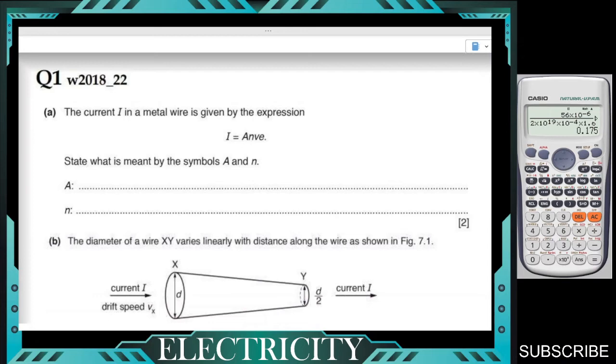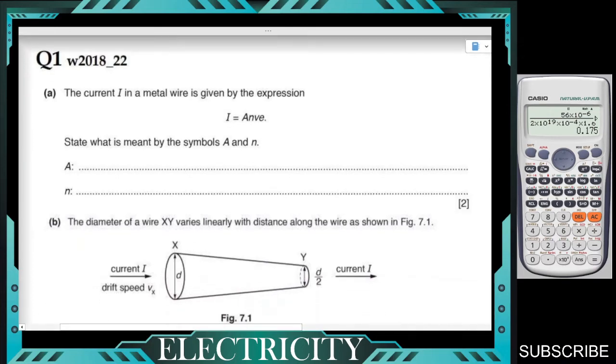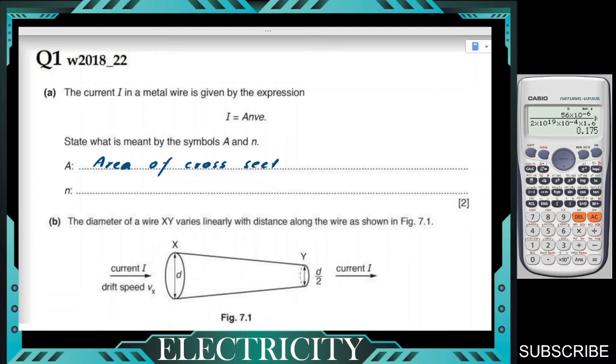So let's move on to the next question, which is also related to the drift speed. We have this thing: state what is meant by the symbols A and n. So A is the cross-section area, and small n stands for the number density of the charge carriers.